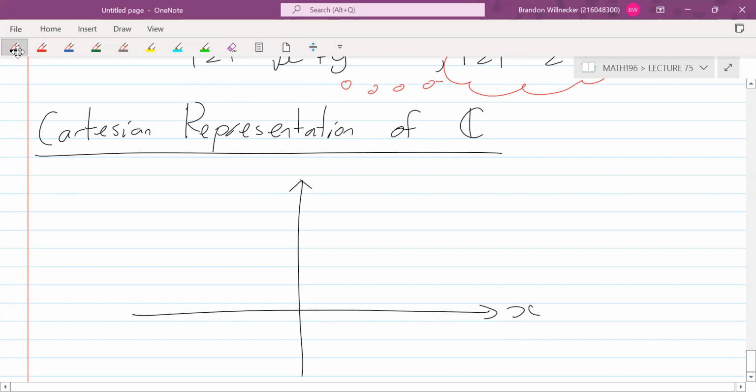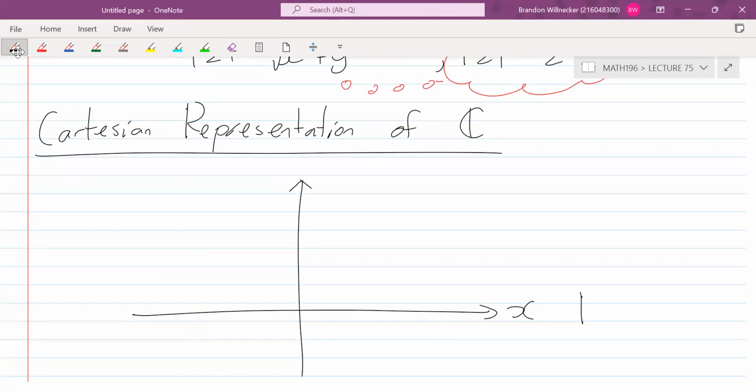We can have x along this axis, which we can call the real axis, because x is the real part. We can have the y-axis, or the imaginary axis, because that's the imaginary part.